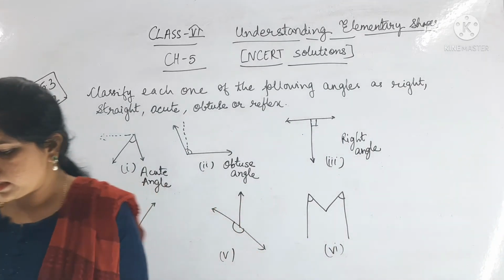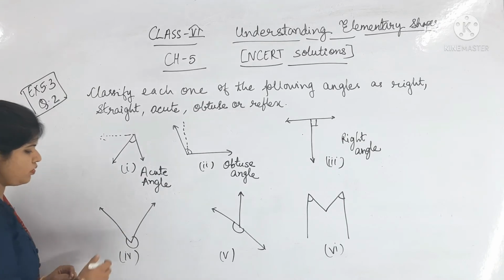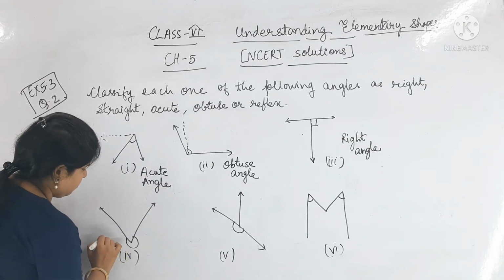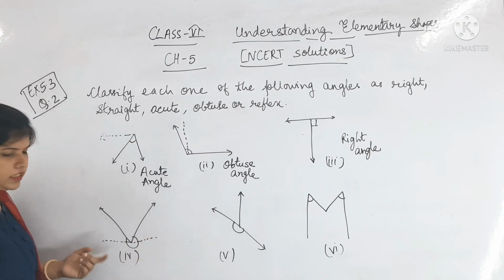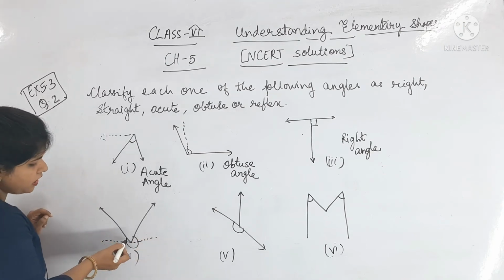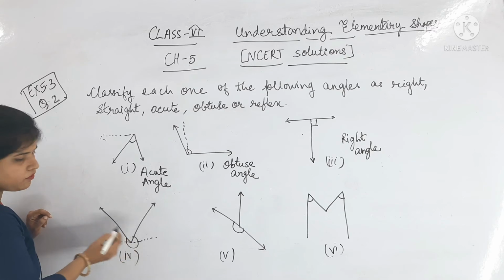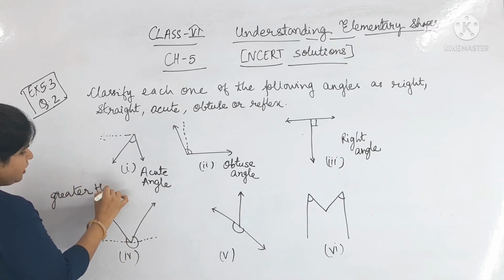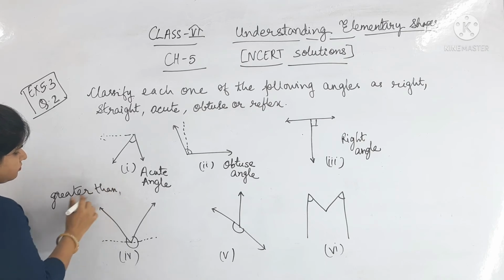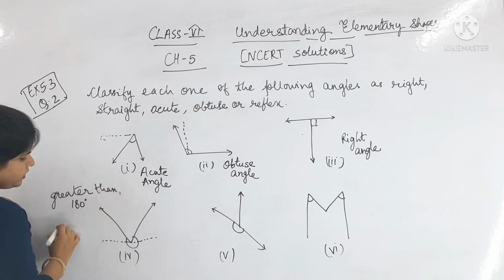Number 4, here you can see this is the 180 degree line, that is the straight line, and this one is greater than 180 degree. So it is the reflex angle.